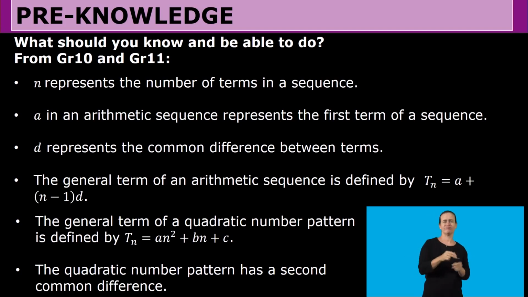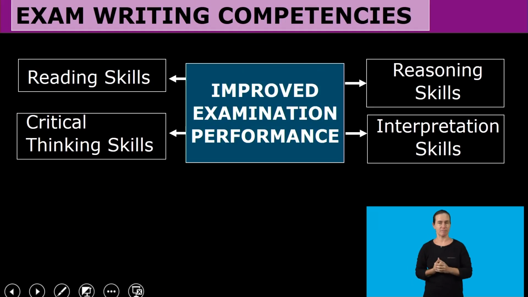The general term of an arithmetic sequence is defined by Tn equals A plus (n minus 1), multiplied by D. The general term of a quadratic number pattern is defined by Tn equals an squared plus bn plus c. Now the quadratic number pattern has a second difference. Of course, that is what you should know.